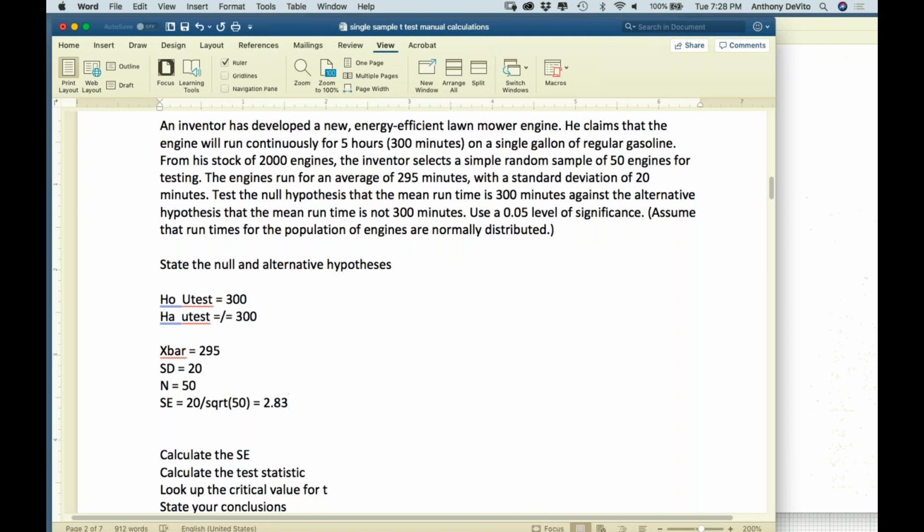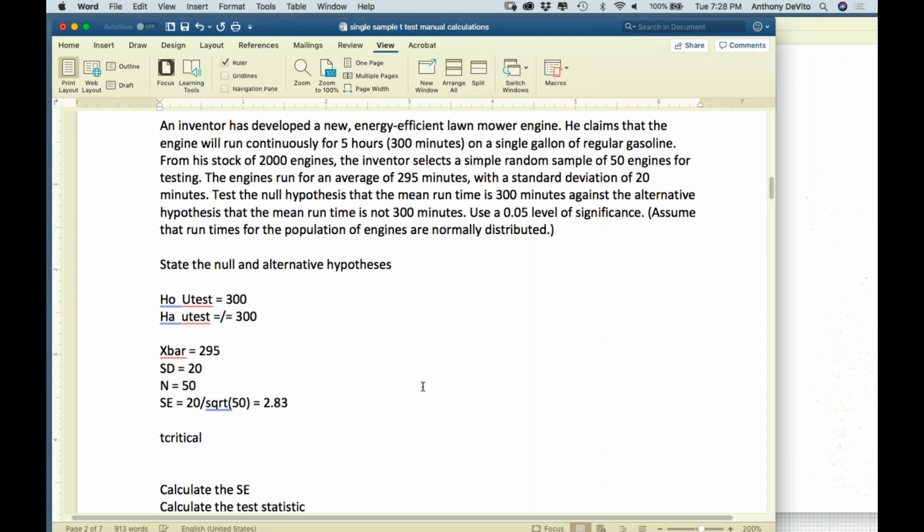Okay, so now I have to calculate whether or not my mean for my sample and my mean for my population are more than the number of standard deviations apart that I need to reject the null hypothesis. Well, before we do anything else, I'm going to look up what t critical is.